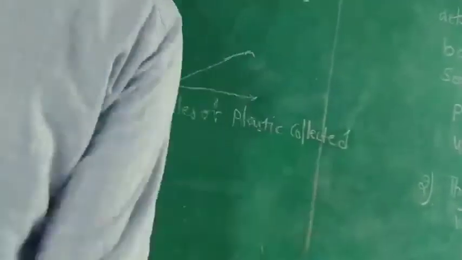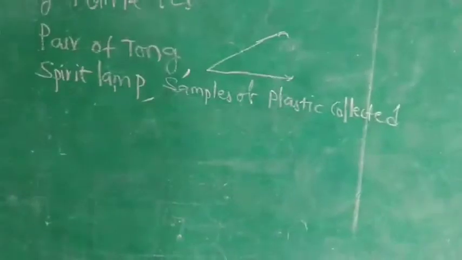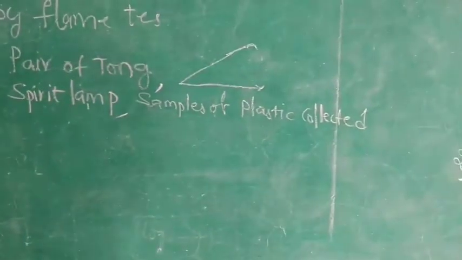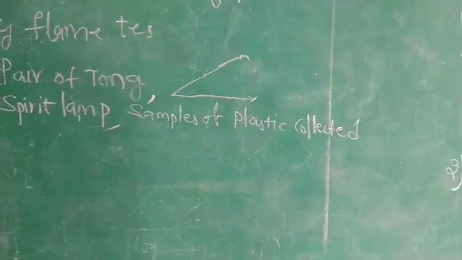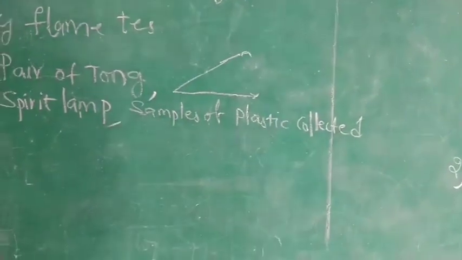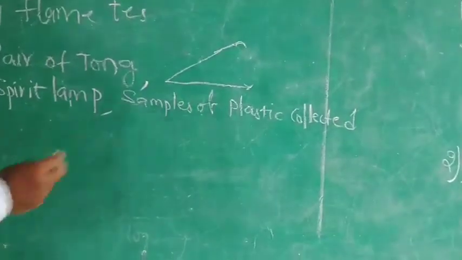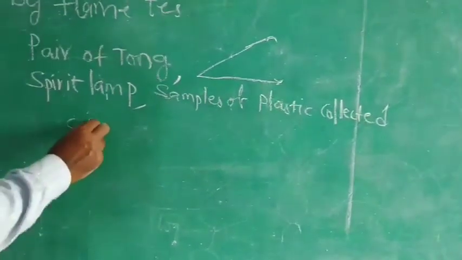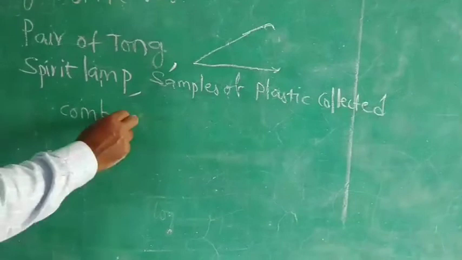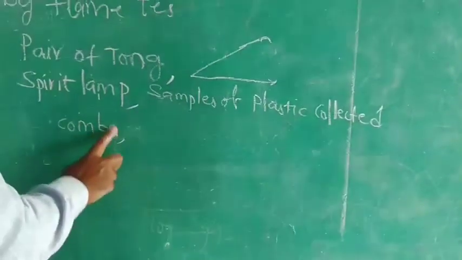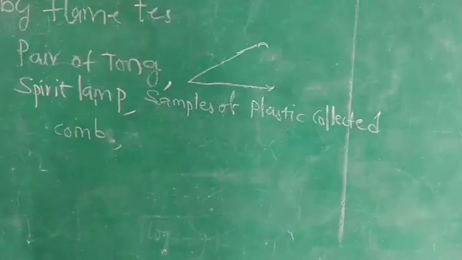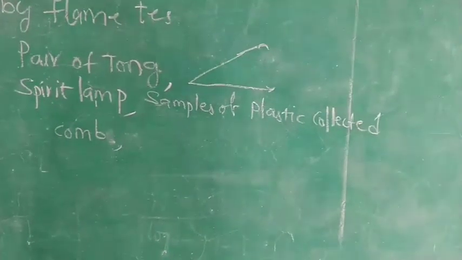What samples have you collected? Just note that down. Samples: small pieces of plastic from objects like a comb. Small pieces of plastic from the comb. Next, toothbrush.